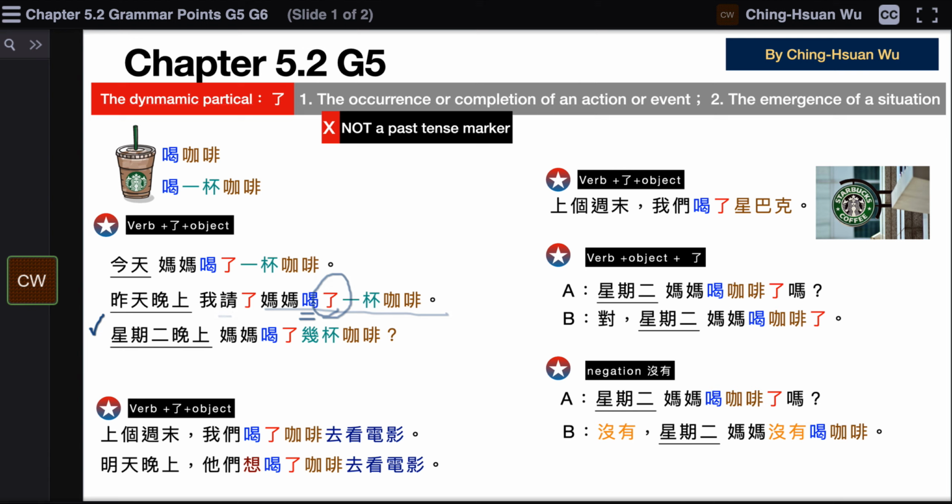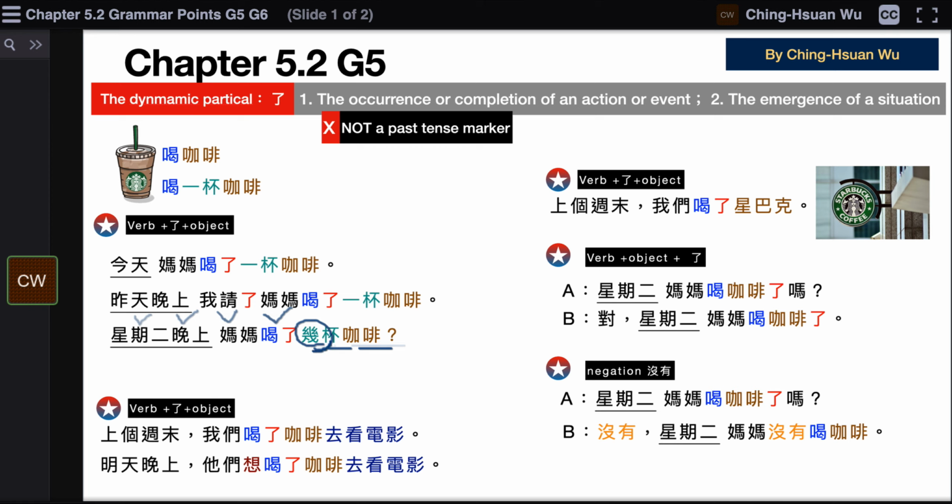Next, 星期二晚上妈妈喝了几杯咖啡. Tuesday evening, mother drank how many cups of coffee?